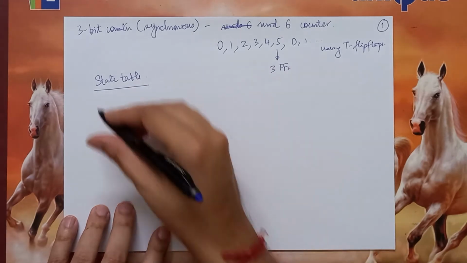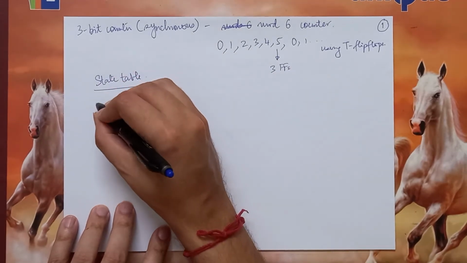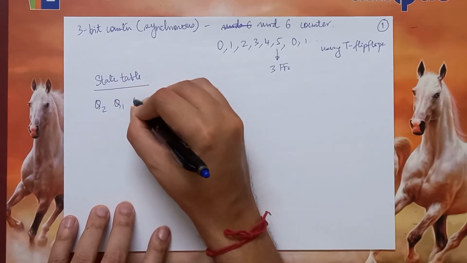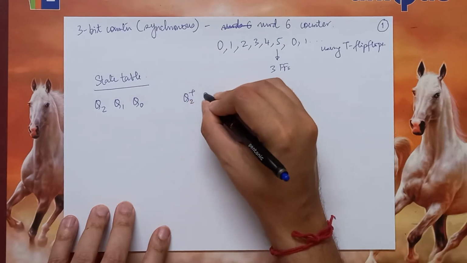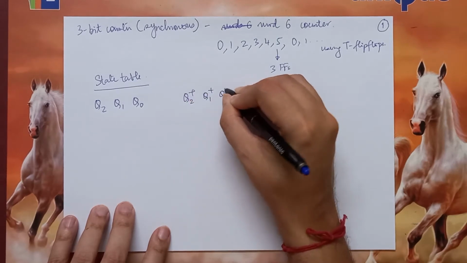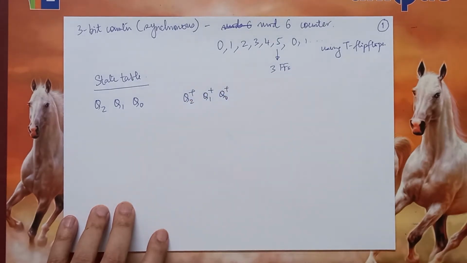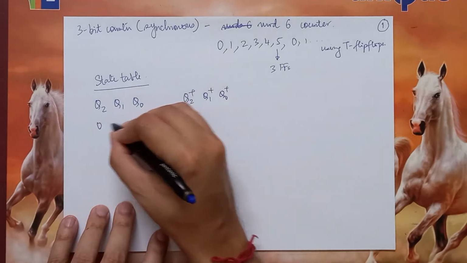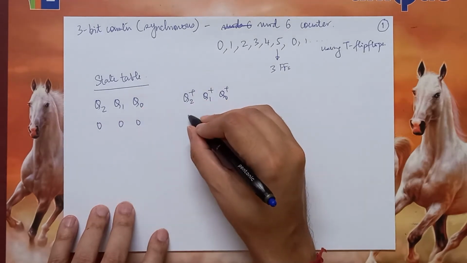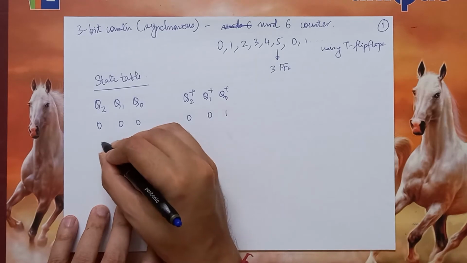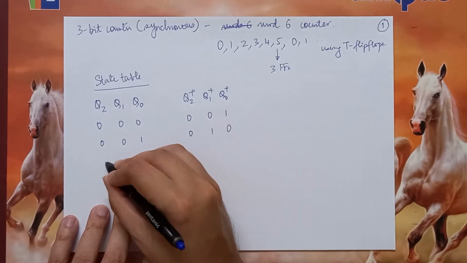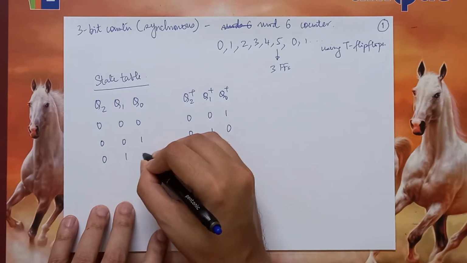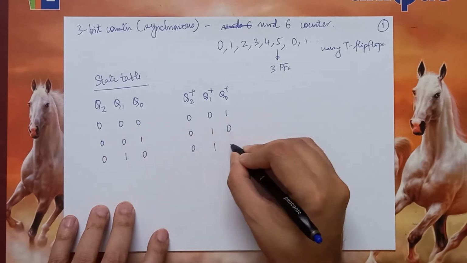If there are 3 flip-flops, let's say that we have Q2, Q1 and Q0 as the present state, and the next state is Q2 plus, Q1 plus and Q0 plus. So if the present state is 0, 0, 0, the next state has to be 0, 0, 1. If the present state is 0, 0, 1, the next state has to be 0, 1, 0. If the present state is 0, 1, 0, next state has to be 0, 1, 1.